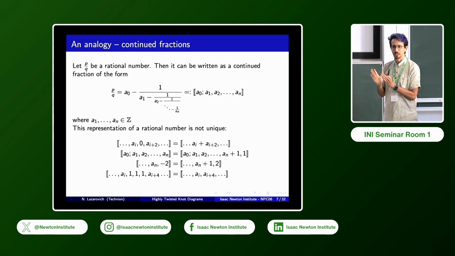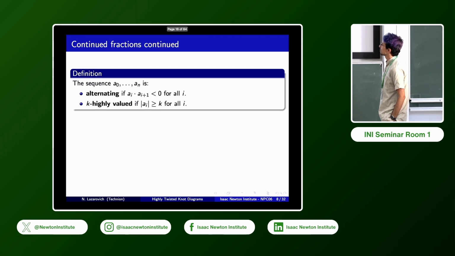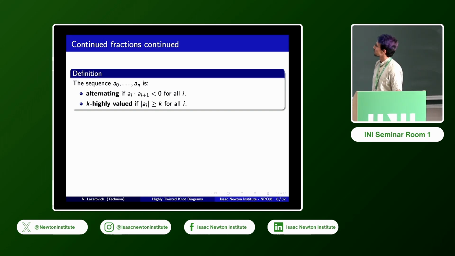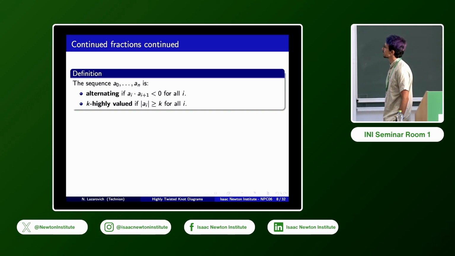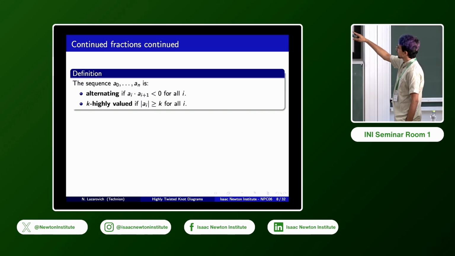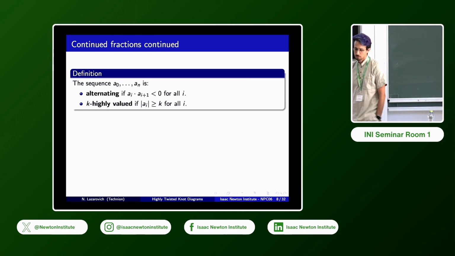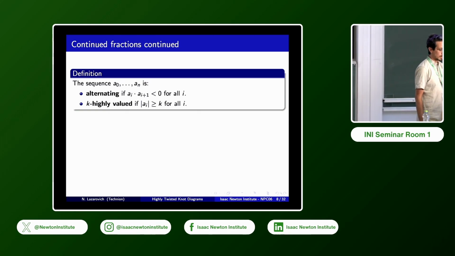So alternating is really the usual kind of continued fraction that you're used to, but let me present them as alternating. The other family I call K highly valued. It sounds similar to K highly twisted. This is the family where all the a_i have absolute value at least some number k.